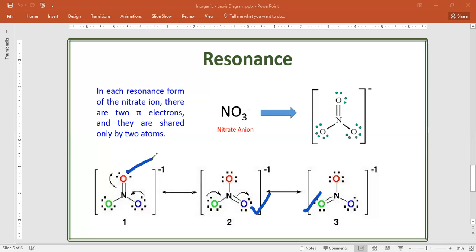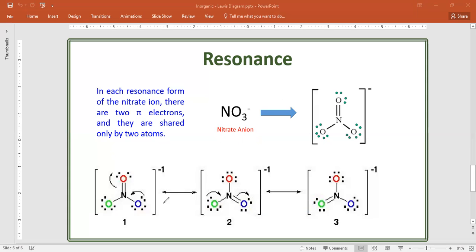So there are 3 actual valid Lewis structures for the nitrate anion. That is called resonance. So this is the example of resonance.